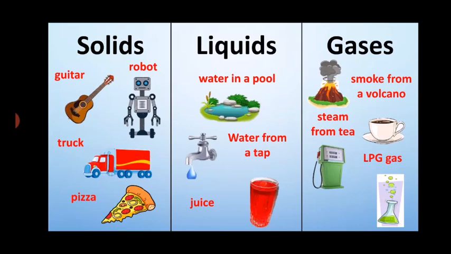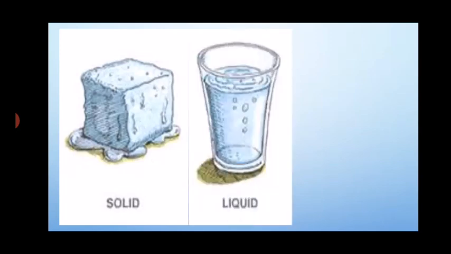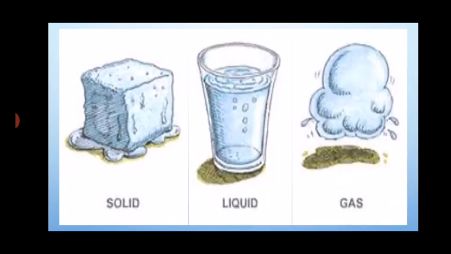Okay, so come on, look. These are the three states of water. So we have solid, liquid and gas. Solid, liquid, gas. Okay, so solid is in the form of ice, liquid is in the form of a glass of water, and gas is in the form of vapor.